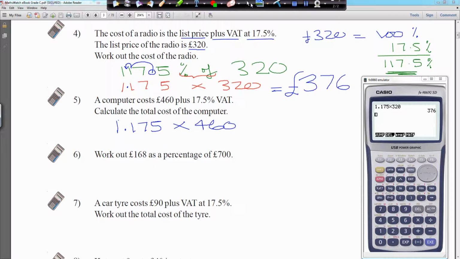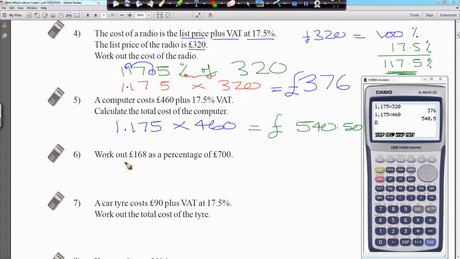So 1.175 times 460 will equal £540.50. So that will give us £540 and 50 pence.